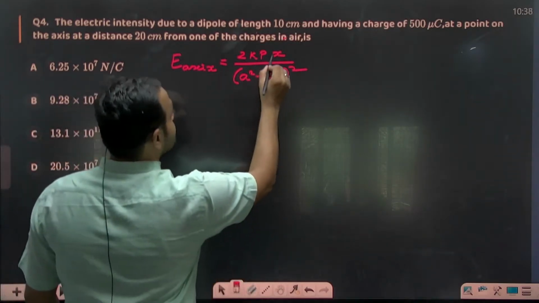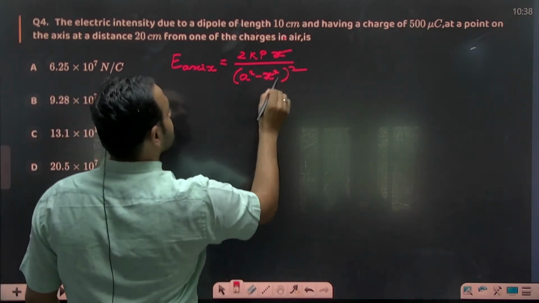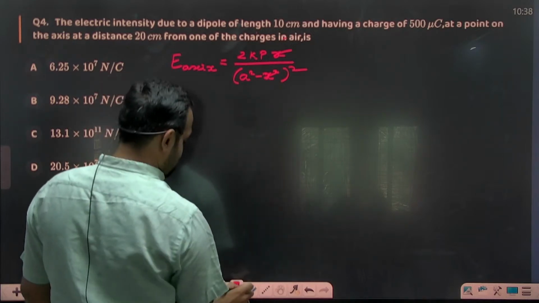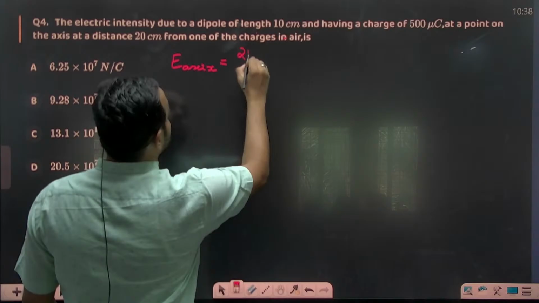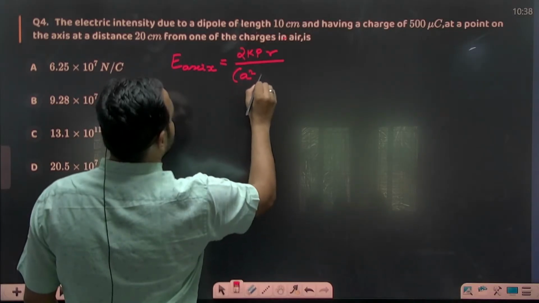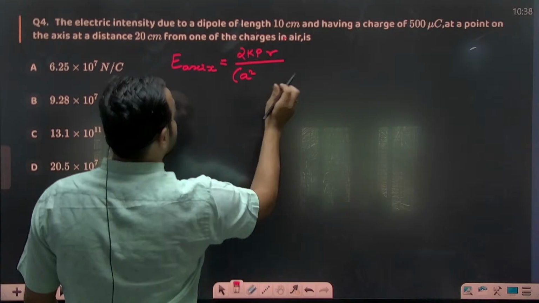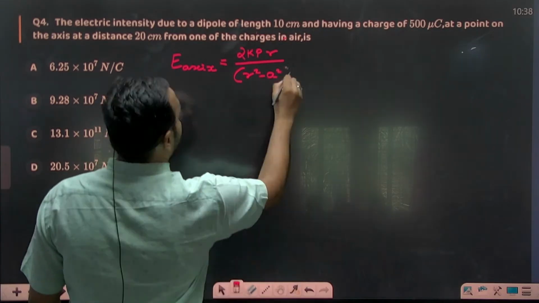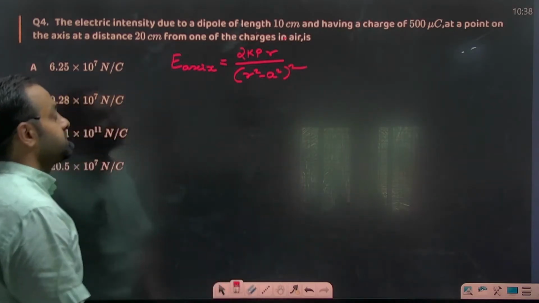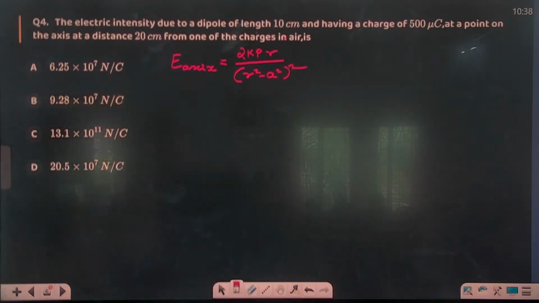So the formula is 2kpr divided by r square minus a square, whole square.